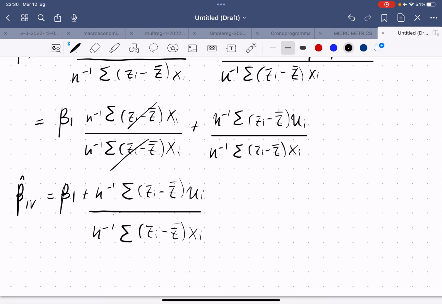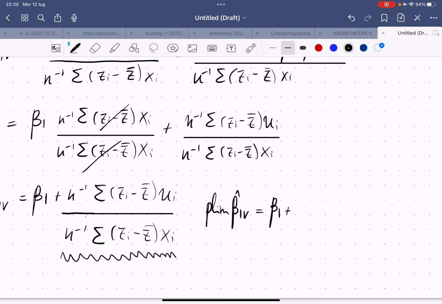In the probability limit, the second term of the right hand side will be equal to the population covariance of Z and U divided by the population covariance of Z and X. So the probability limit of beta IV will be equal to beta 1 plus the covariance of Z and U divided by the covariance of Z and X.